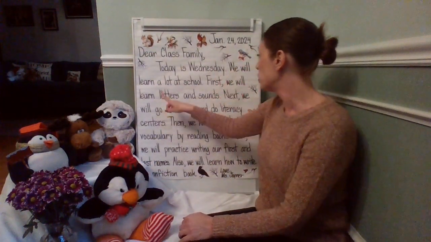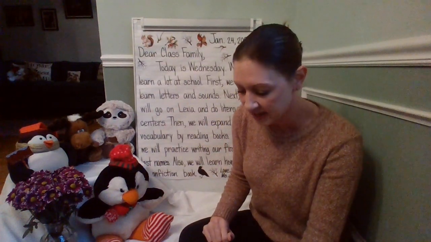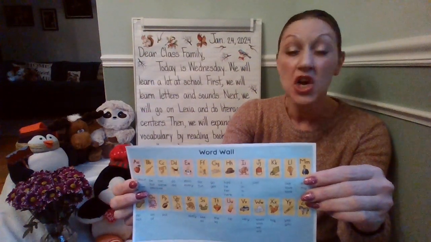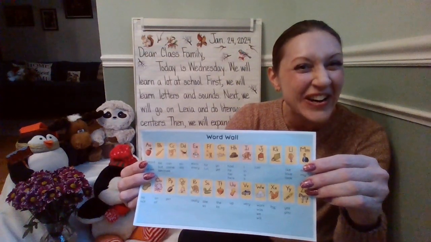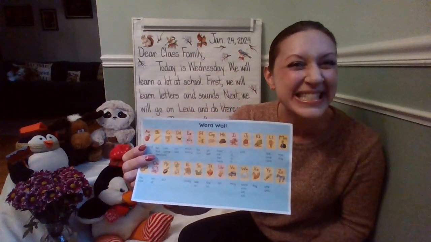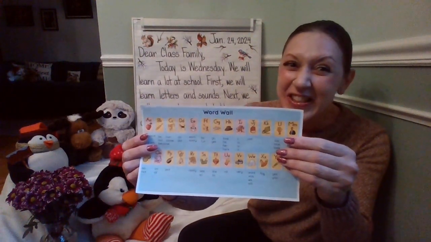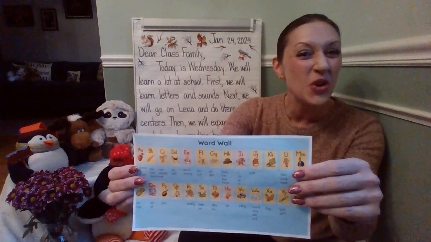Okay, first we will learn letters and sounds, just like we do every single day at school in kindergarten. We'll use many resources to learn letters and sounds. We'll use our word wall as a resource with the foundations cards. Shout out to some YouTube channels: Jack Hartman, Mr. B's, The Singing Walrus, and The Learning Station will be using your YouTube channels today too.